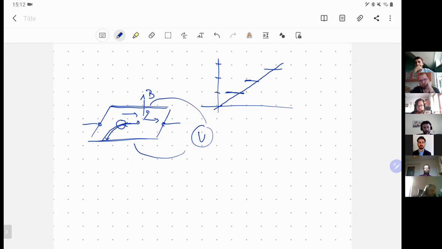There's this very clear quantization of those levels of conductance and dependence on the magnitude of the B field. So that's an interesting phenomenon, and it took people some time to realize what's going on.